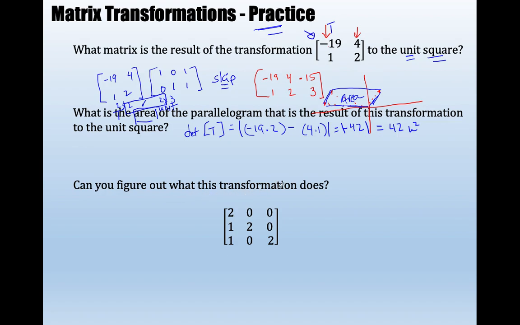What does this transformation do? We already just saw in the previous example what that's going to do to your cube. This is the transformation matrix. This is going to operate on your 3 by 3 unit cube.